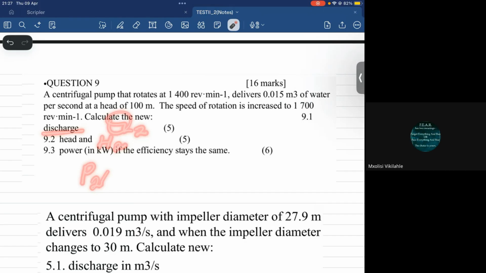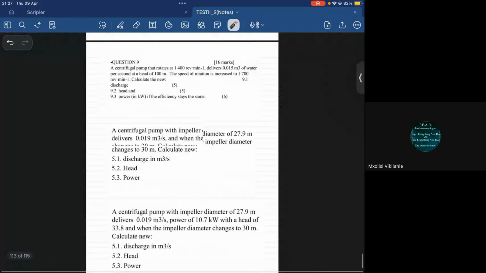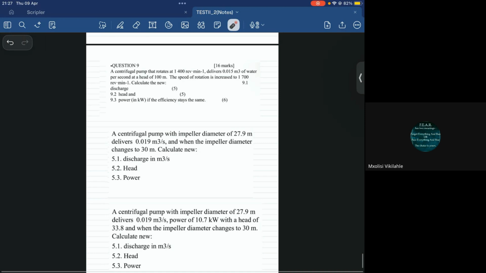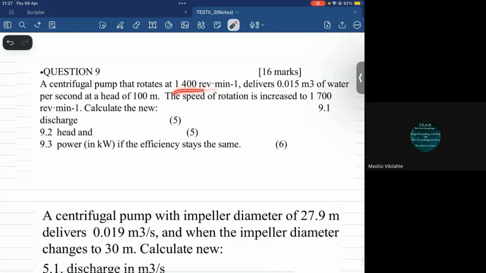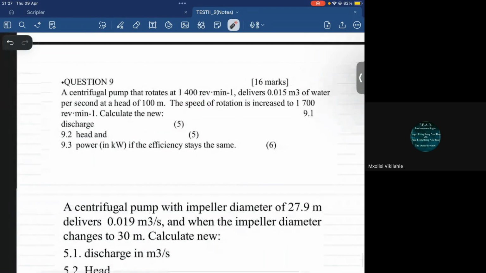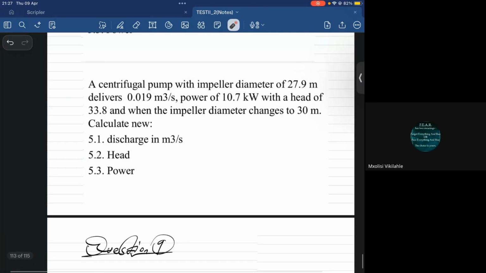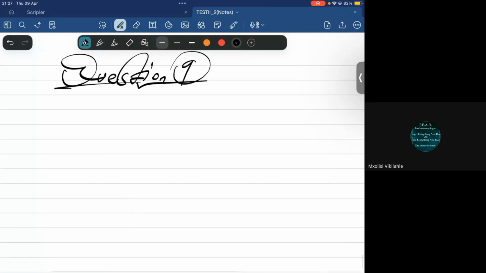So let me just write this down. We're given the first impeller rotation speed of 1,400 revolutions per minute.